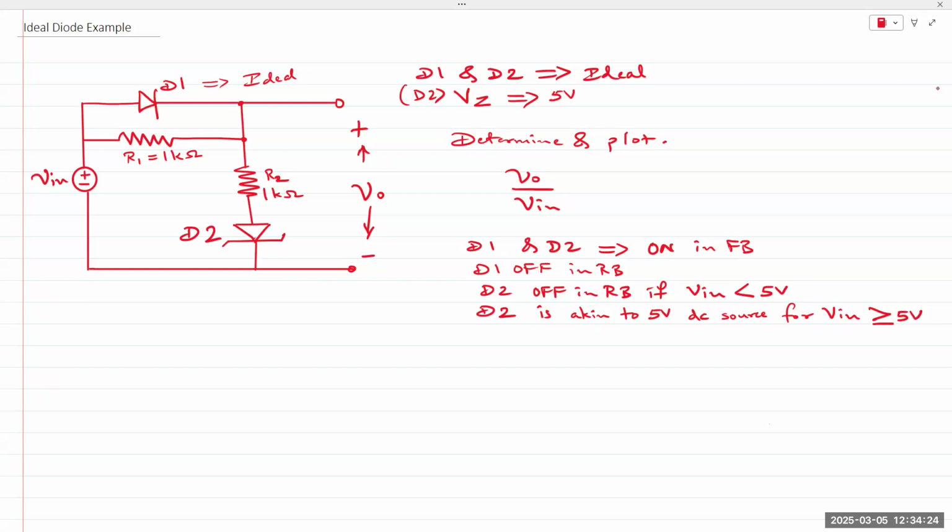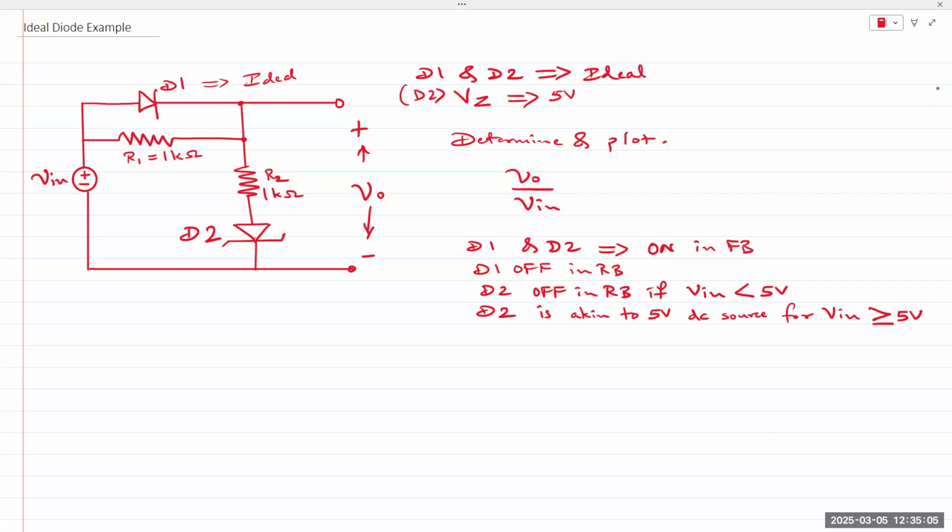In general, if diodes are forward bias, we say they're on, replaced with a short circuit, and when they're off, open circuit. But a Zener diode is a special case where the reverse bias would depend on the input being applied. So when V in is below VZ, the diode is off in reverse bias. And when V in is greater than or equal to VZ, that's when it behaves like a voltage source. Yes.